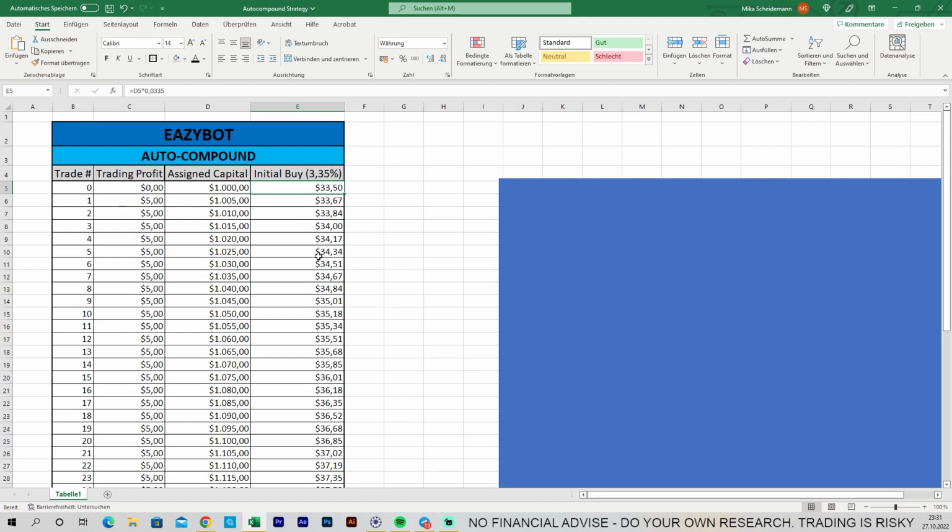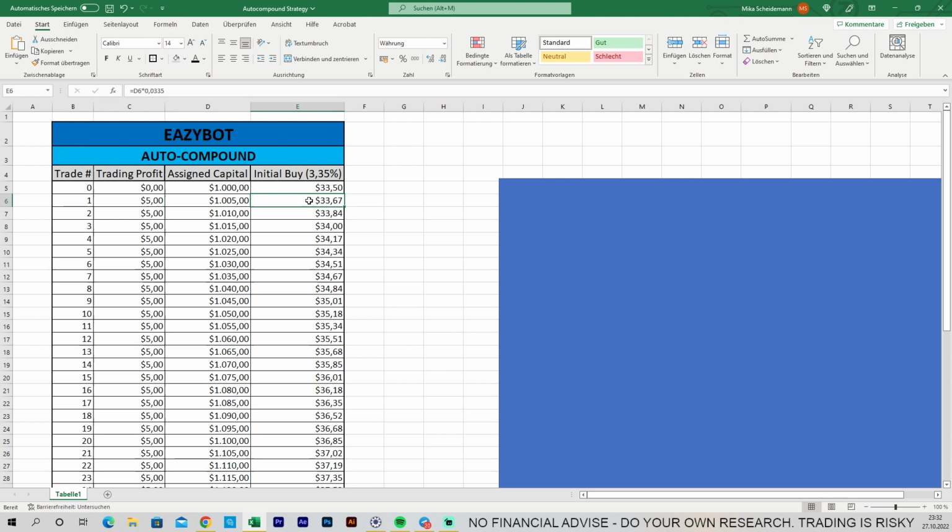Now if we made a profit of $5 with our first trade, those $5 immediately go on top of our assigned balance, and for the next initial buy of 3.35%, it takes the new balance of $1,005. Then you see that the next initial buy is no longer $33.50, it's $33.67.